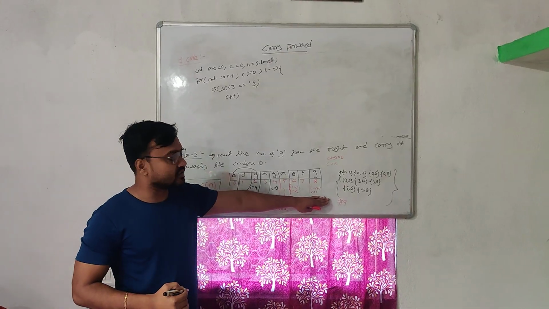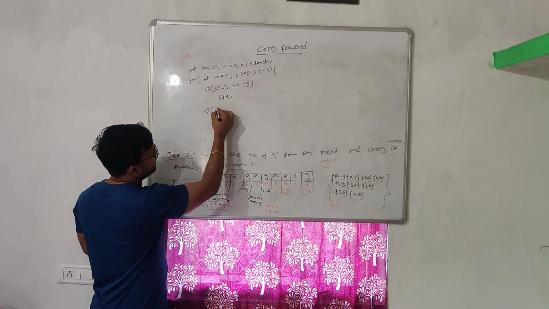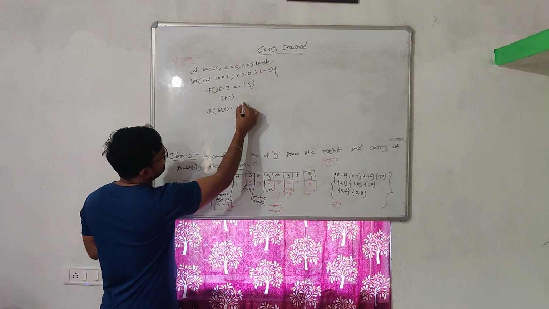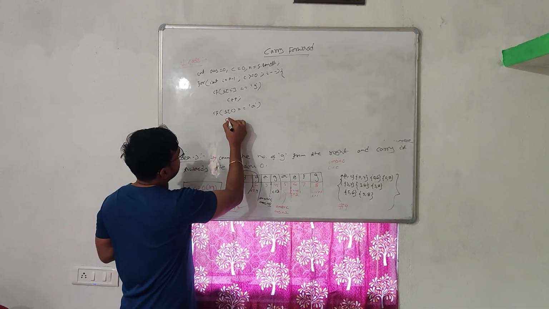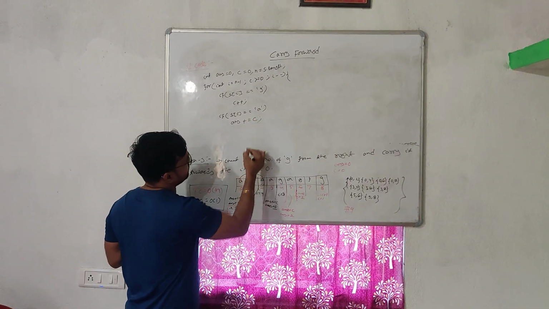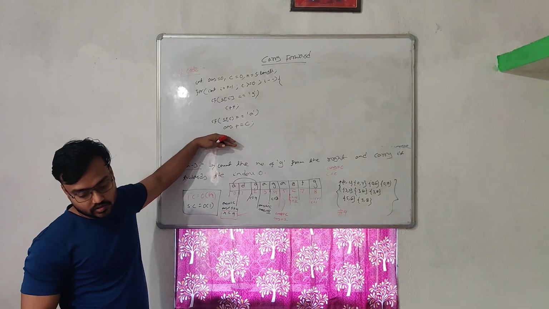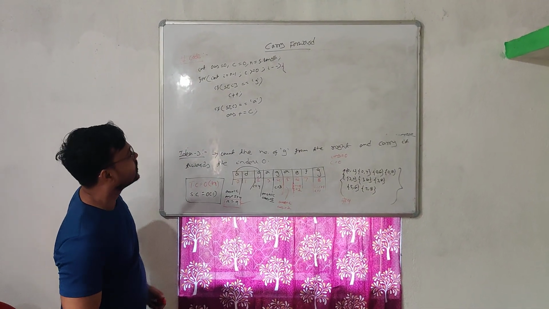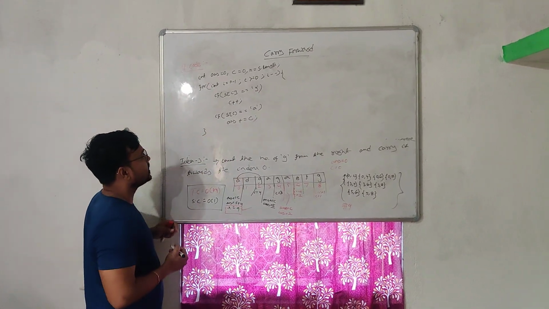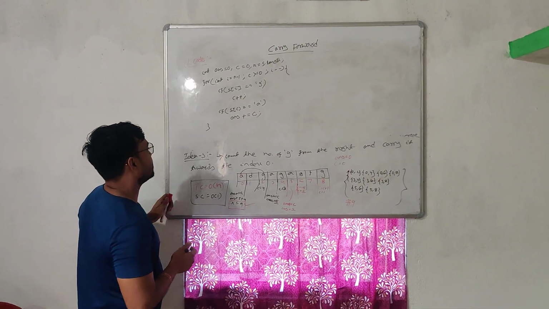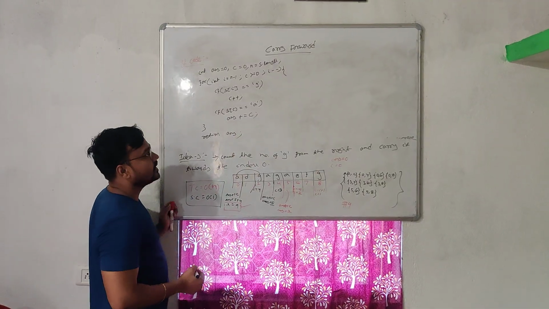Otherwise, if s of i equals to A, we will update the answer, ans plus equals to c. So answer will be updated with whatever the value available with the c. Once done, this is a single line, so I am skipping the curly braces. Once it is done, you can simply return the answer. Okay, as simple as that.